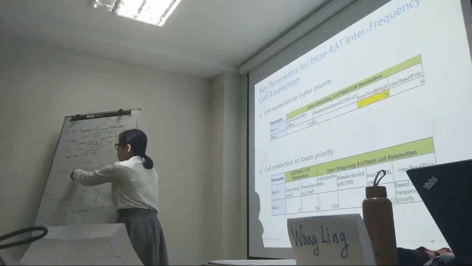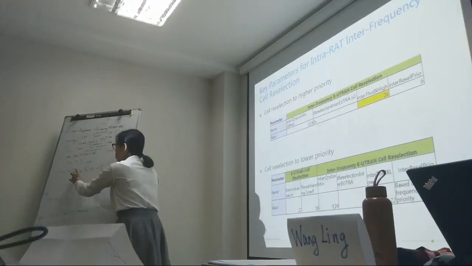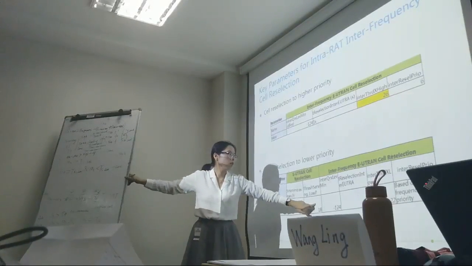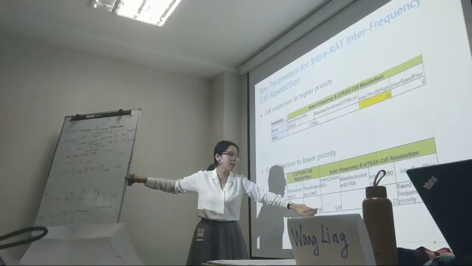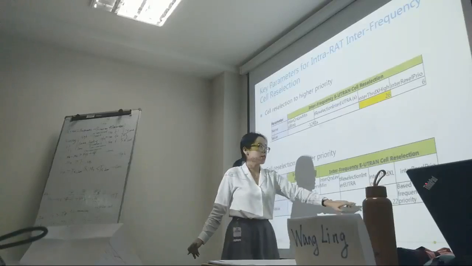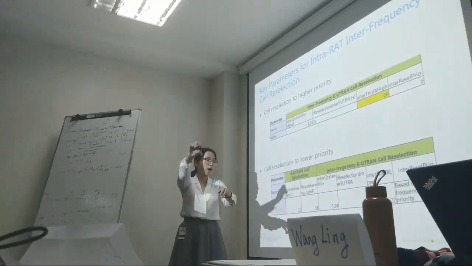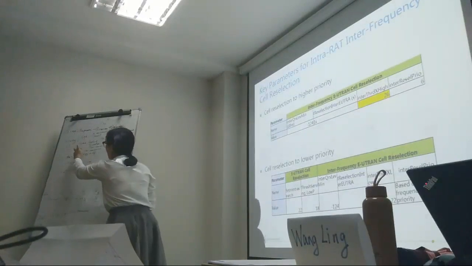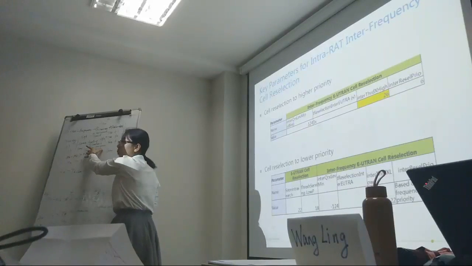So also this threshold, UE will calculate it. So how to calculate it? We also use the S value. This is the S value. Now let's see. So before we perform the low priority, we should first start the measurement.